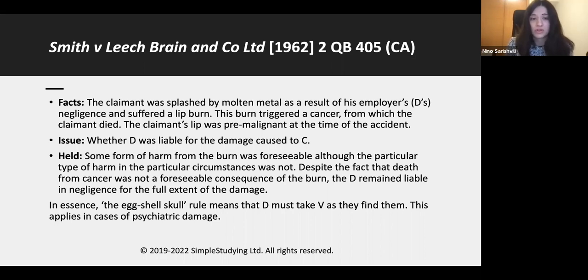Even though the particular outcome shouldn't have happened to a normal person, and this claimant here was particularly vulnerable, the defendant still remains liable because the defendant has to take the claimant as he finds him. We have the eggshell skull rule in criminal law as well as tort law.